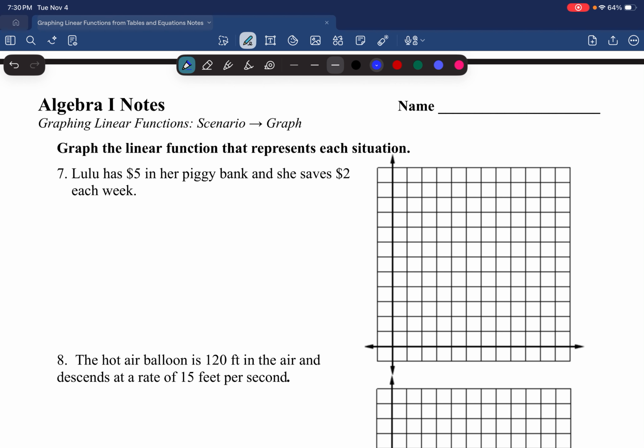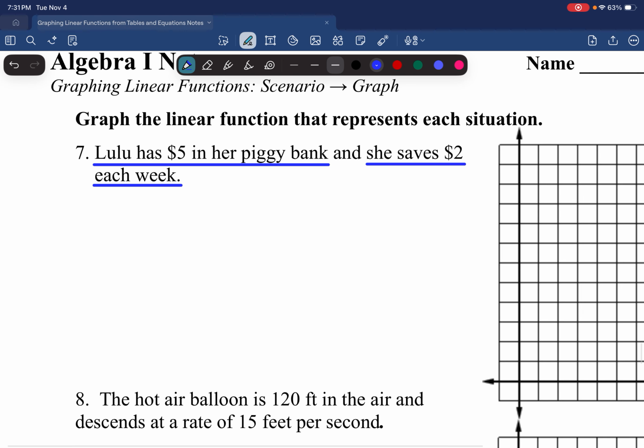All right. So with these, the first thing I want to do is find my values from my scenario. Lulu has $5 in her piggy bank, and she saves $2 each week. So for this, my M, or the slope, is going to be 2.